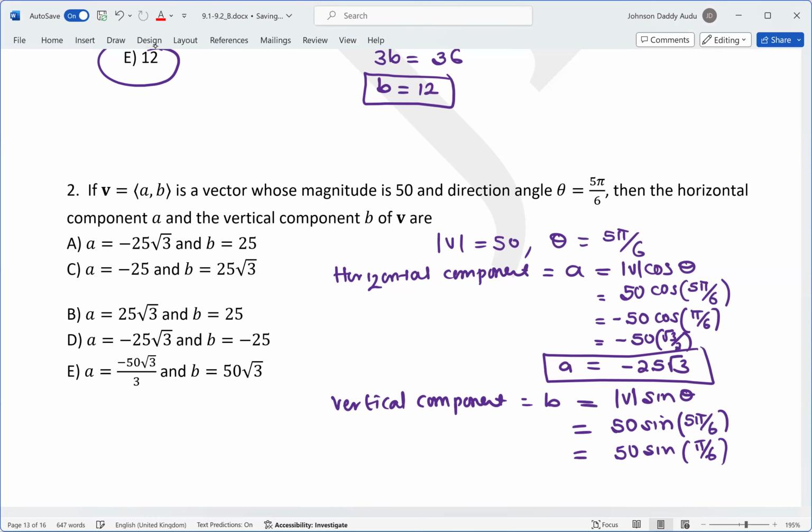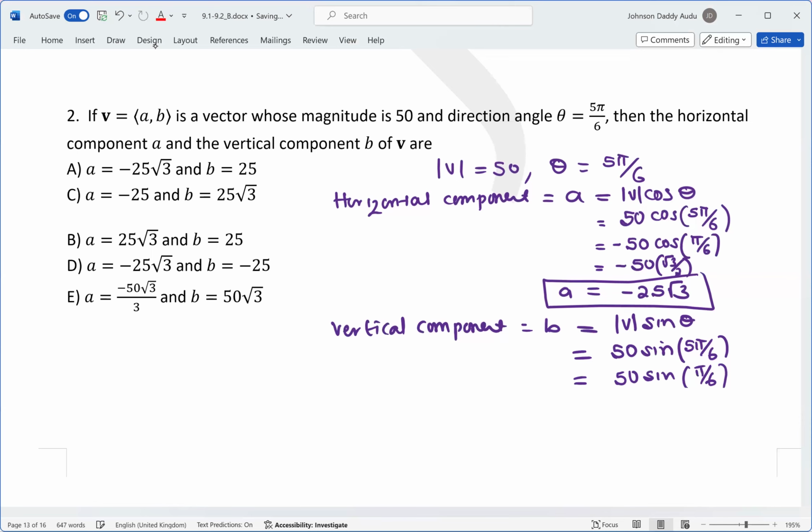And what is sine pi over 6? It's 1/2. So you have 50 times 1/2, which is just 25, all right? So we have the answer to be A is the right answer.